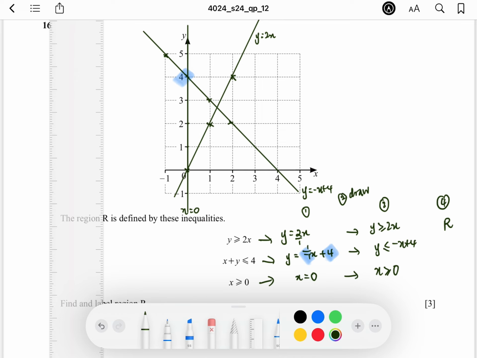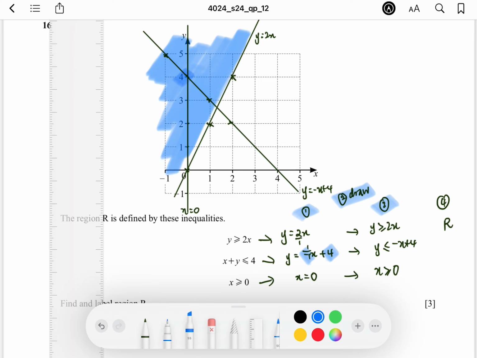Okay, so we have done step number 1. We have drawn. Next one, we identify. The first one, yang mau greater. So greater artinya sebelah sini greater. Untuk y equals 2x ni greater sebelah sana.